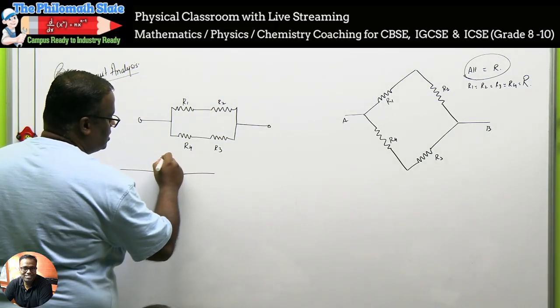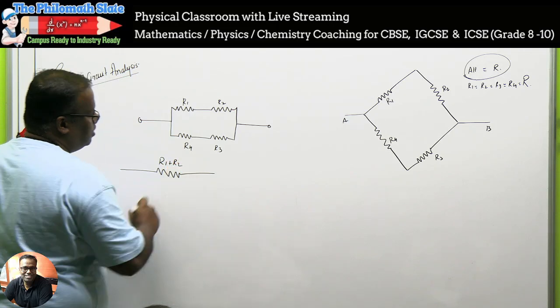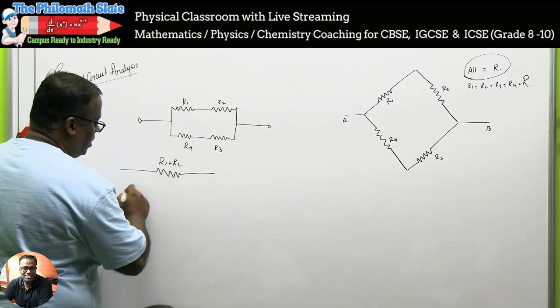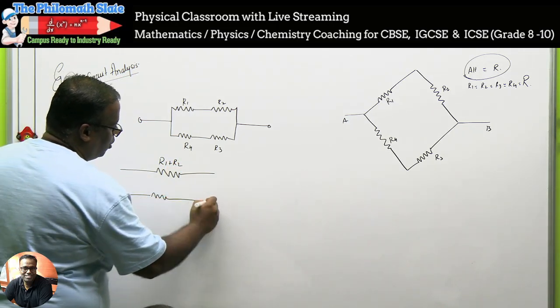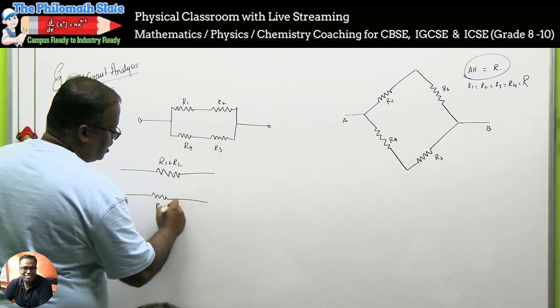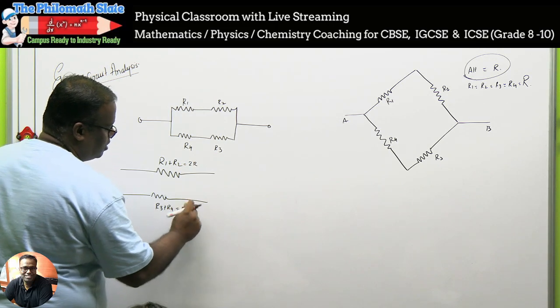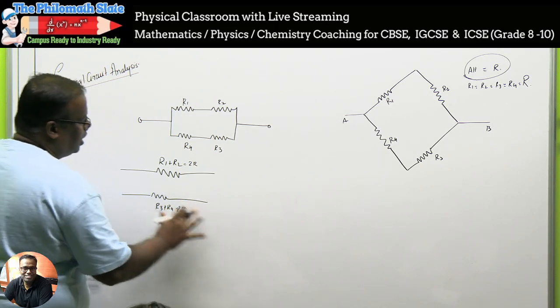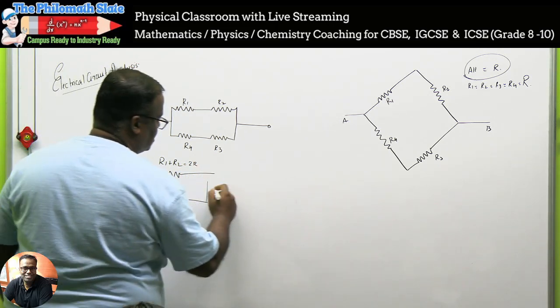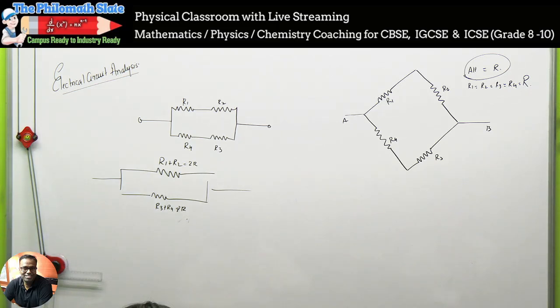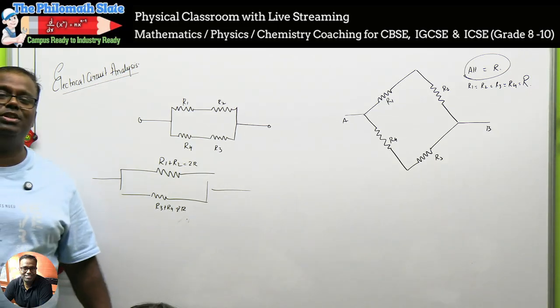I call it R1 plus R2, and I can have another one resistor now at the bottom, which is R3 plus R4. R1 plus R2 is equal to 2R. This is also equal to 2R, as I told, all are R. And now we are like this. 2R और 2R को अगर हम पैरेलल करेंगे तो कितना मिलेगा?